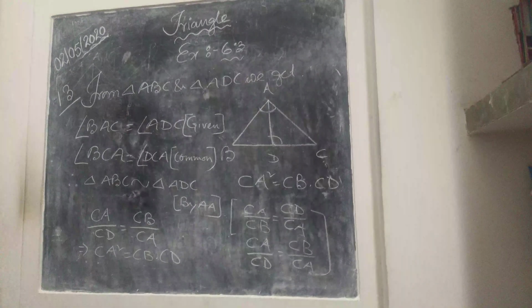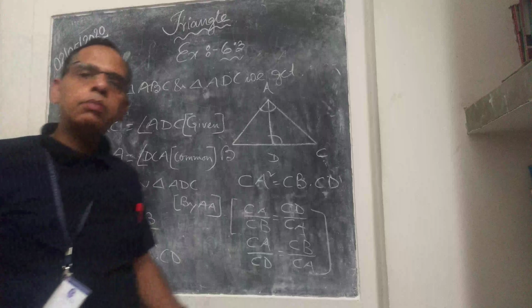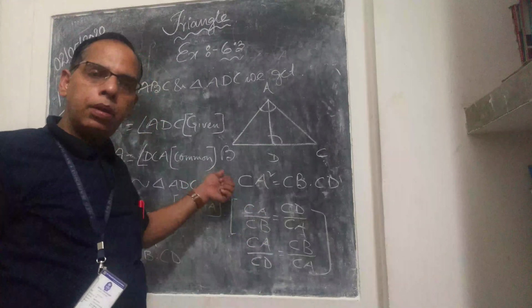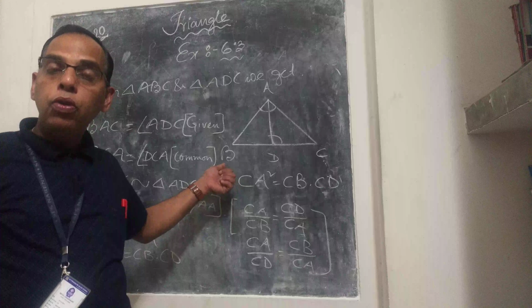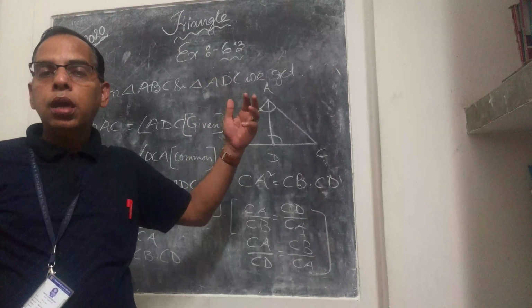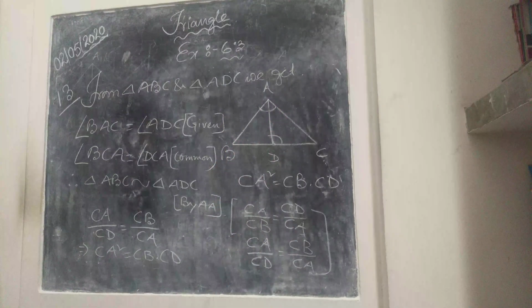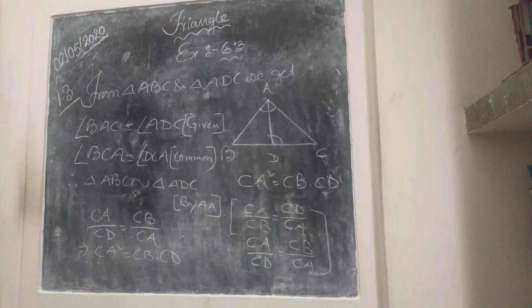Here it is given: a vertical pole of length 6 meter casts a shadow of 4 meter long. By this question you can see this is applicable in our day-to-day life for measuring the height of a tree, height of a building and so on, using the similarity property.